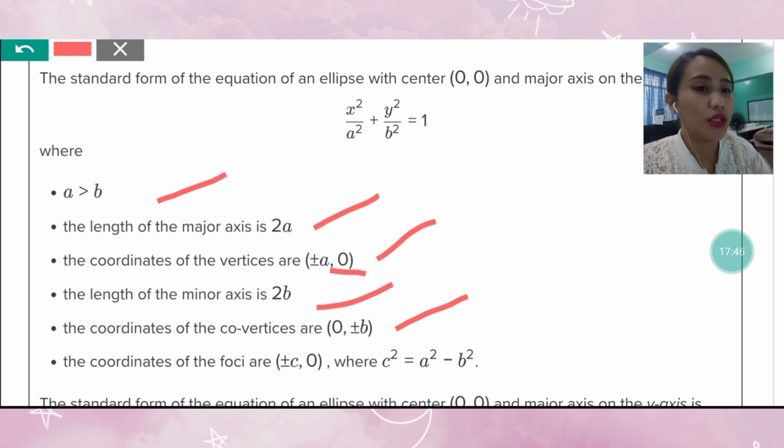Negative b going down. The coordinates of the foci are positive, negative c, 0 because they lie on the x-axis, where c squared is equal to a squared minus b squared. That's the equation that we can use in order to determine our foci.